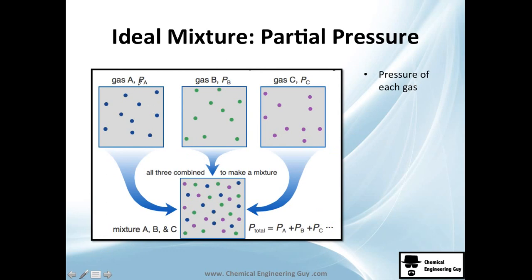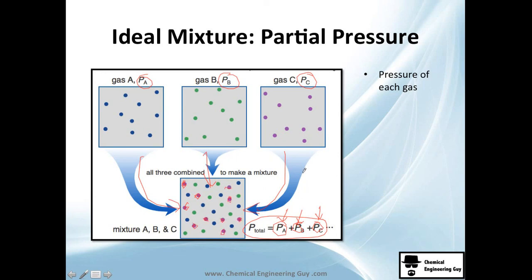So imagine we have A, B, and C, and we have the partial pressure of A, partial pressure of B, and partial pressure of C. If we combine the gases to make a mixture, the total pressure will be the sum of the partial pressures of A, B, and C. It makes sense because they're occupying 1/3 of the space.